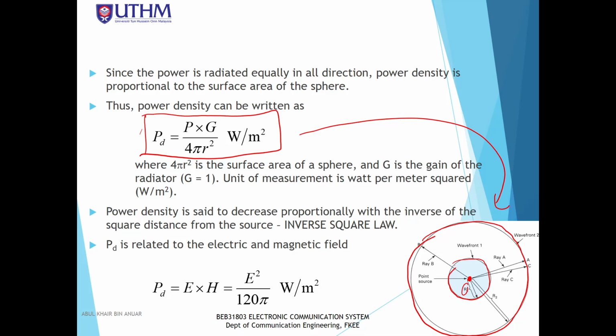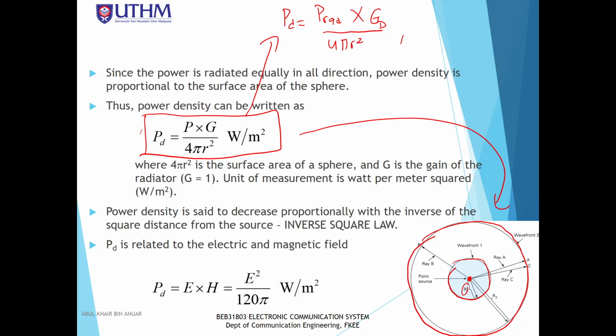So in this case, from these equations, I can rewrite again. It can be written as PD equals P radiation multiplied with directivity gain divided by 4 pi r square.